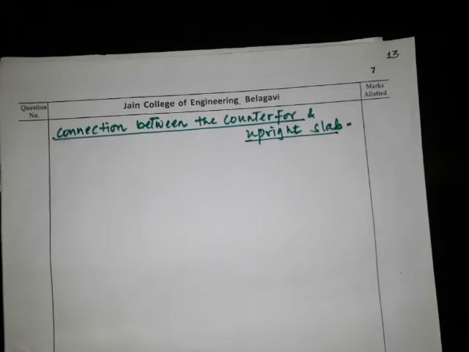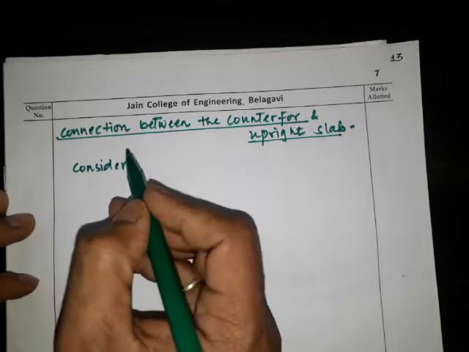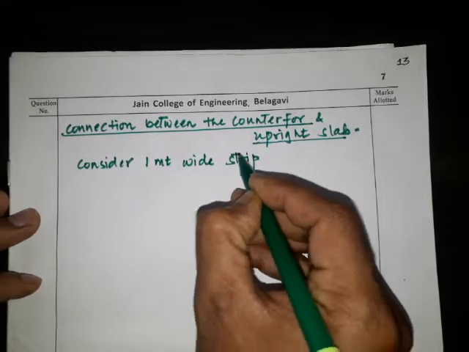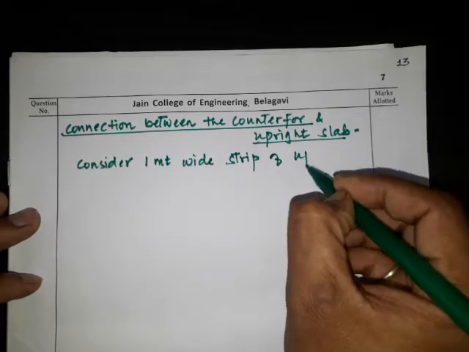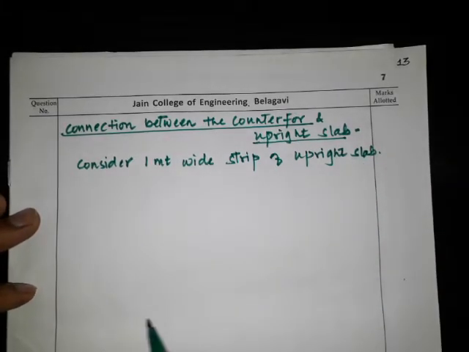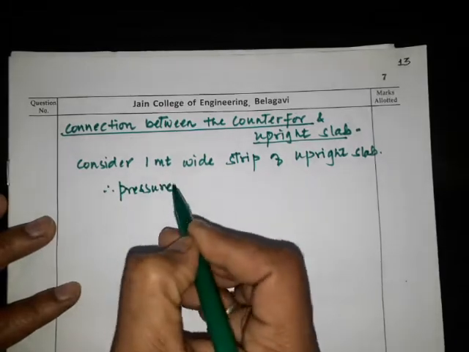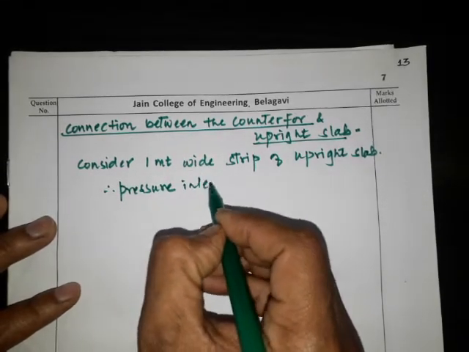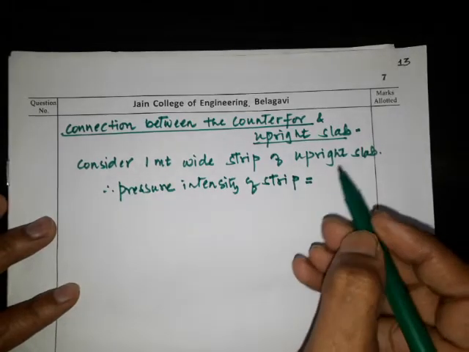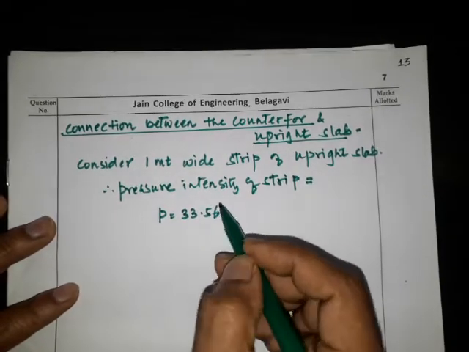Consider a 1 meter wide strip of upright slab or stem, both are the same. Therefore the pressure intensity on the strip, P is equal to 33.56 kilonewton per meter square.